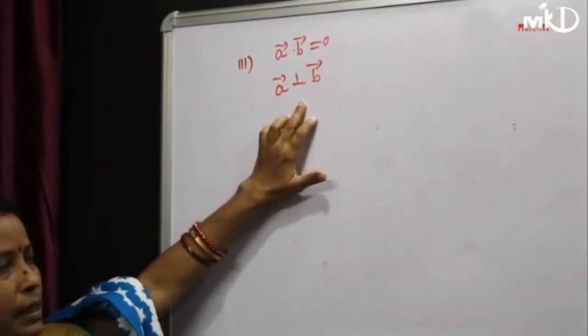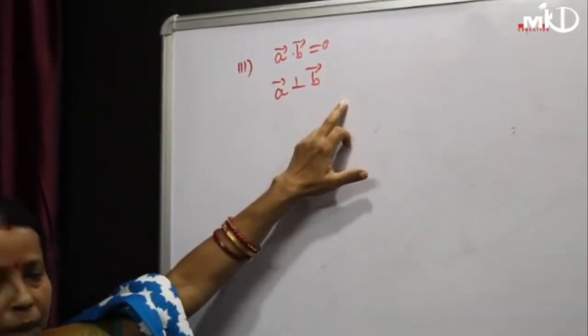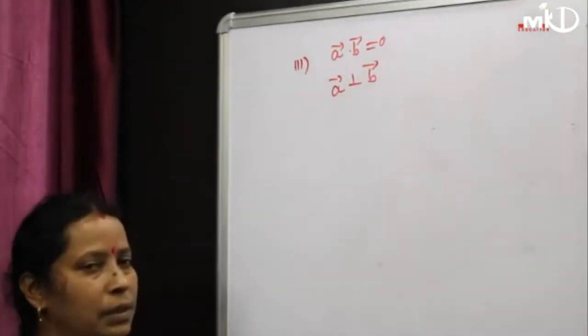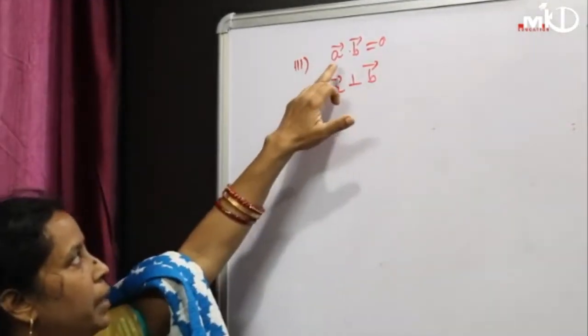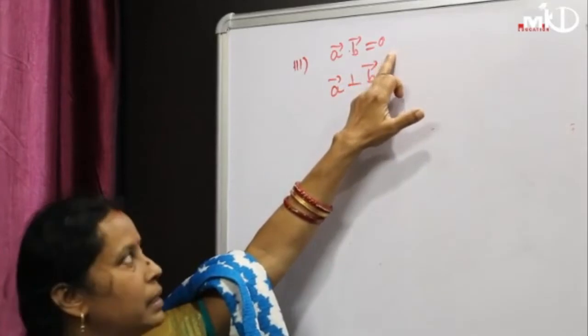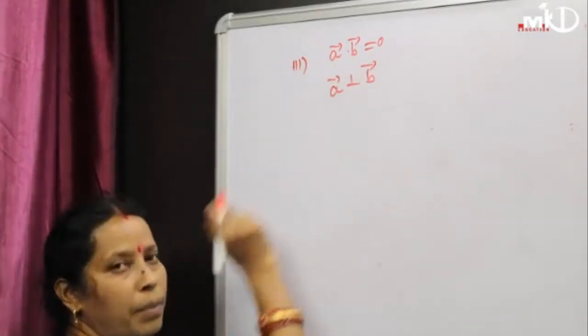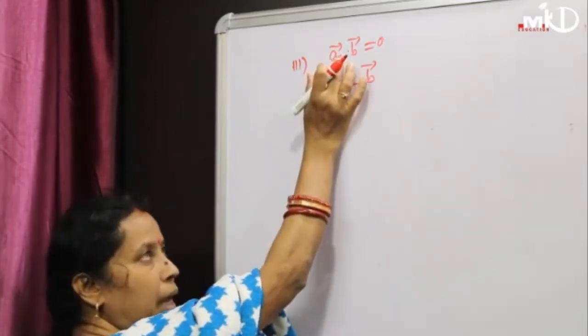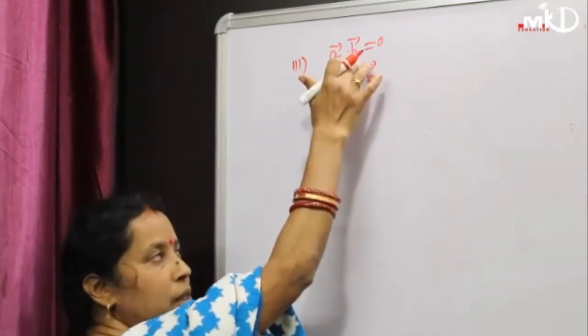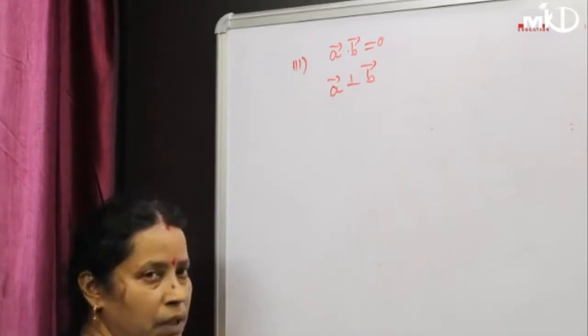This is the condition that two vectors are perpendicular if their dot product is equal to 0. So if the dot product of two vectors is 0, either of the vectors may be a null vector, that means the modulus of a bar or the modulus of b bar is 0.